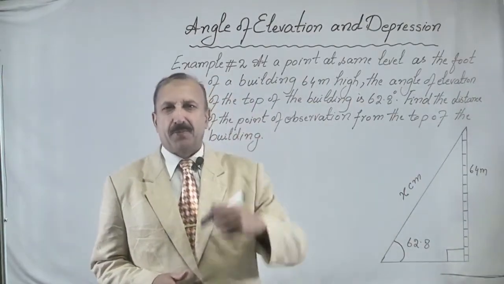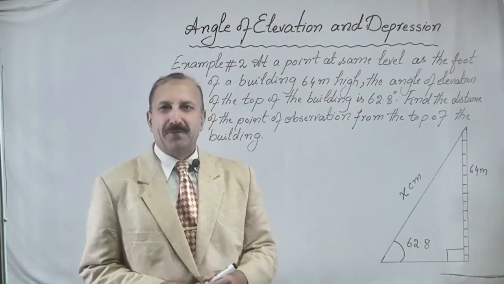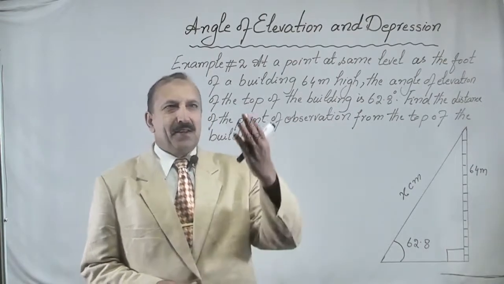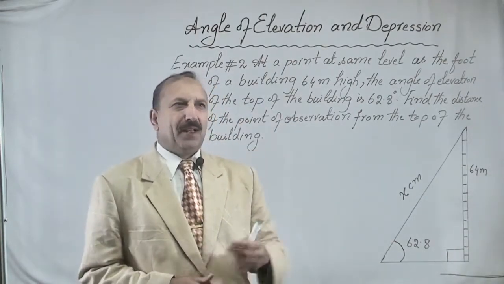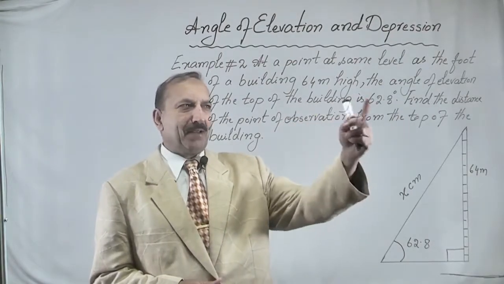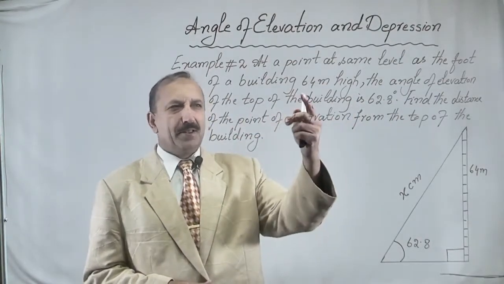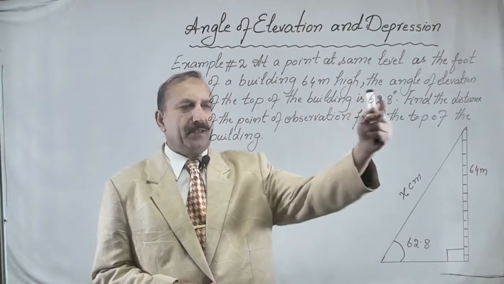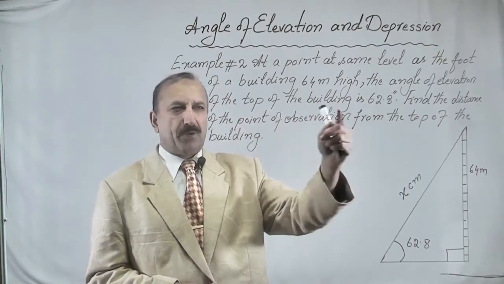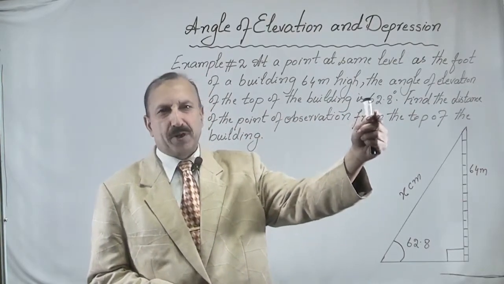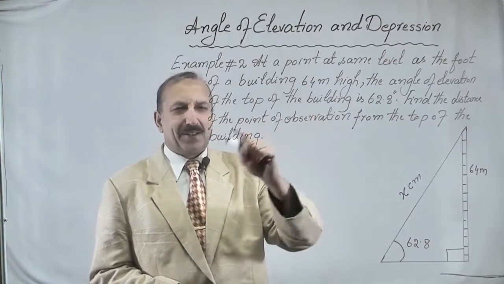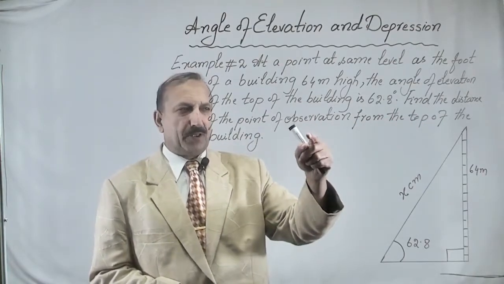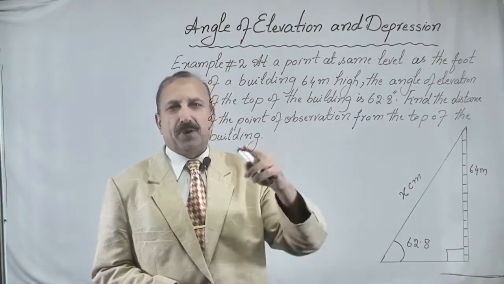Students, here is example number 2 for the angle of elevation and depression. Here we have a situation: at a point at the same level as the foot of a building 64 meter high, the angle of elevation of the top of the building is given, this is 62.8 degree. Find the distance of the point of observation from the top of the building.